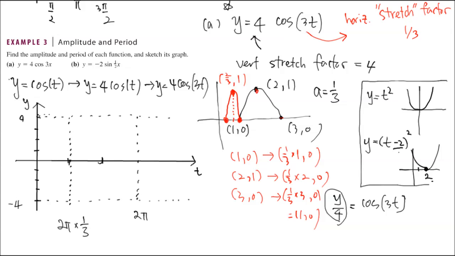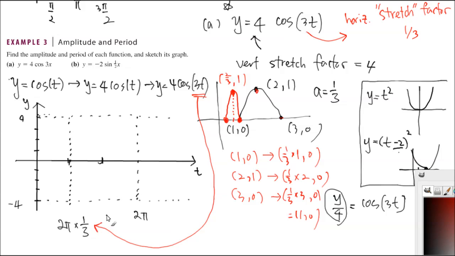Anybody remember where the 1/3 comes from? The coefficient in front of t turned to its reciprocal, because this is how the stretch factor works horizontally, and you multiply it to our coordinate 2 pi. All right? Your cosine graph must be squeezed into this. Make sense?